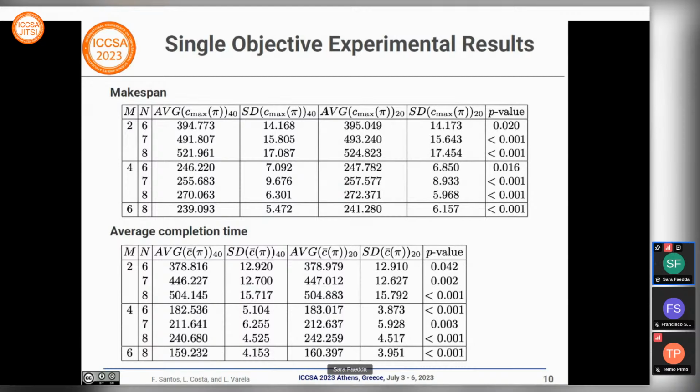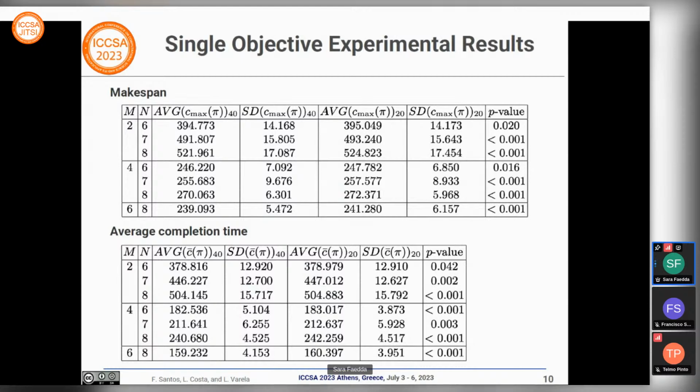The p-value is below 5%, which means that the population size of 40 allows us to significantly reduce the average values of the makespan for all dimensions of the problem. The same occurs for the average completion time.